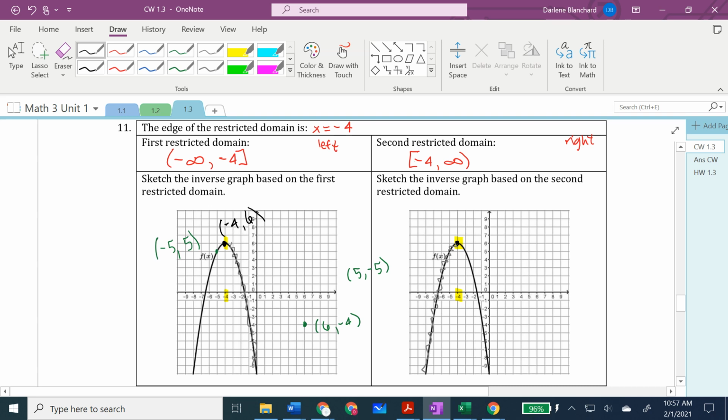I found one point, I wrote the reversed point, and now I'm plotting it. 5, -5. And let's see, I see another one. I see -6, 2. I'm going to write the point down. Then I'm going to reverse it. And then plot that point of 2, -6, which is right there.